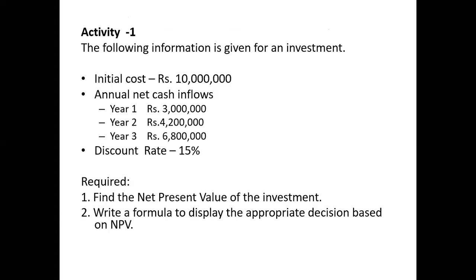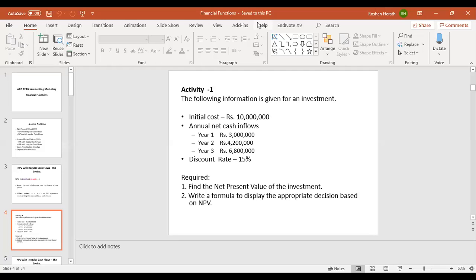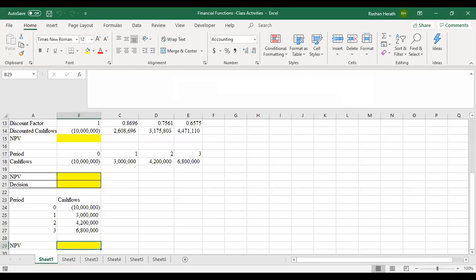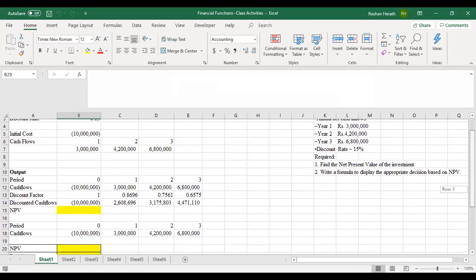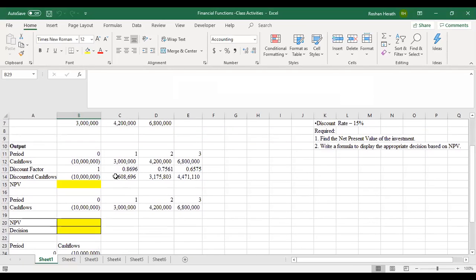Just to show you this activity, in the first activity we took the cash flows, and the manual working was there. Here we took the cash flows, then the relevant discounting factor, which was 15%, and the discounted cash flows.